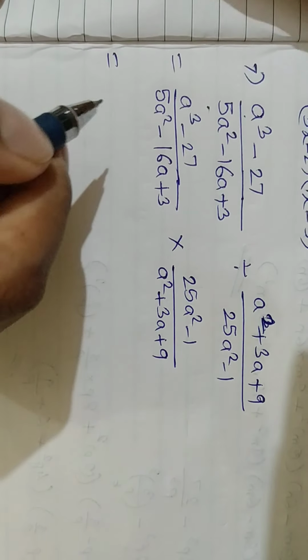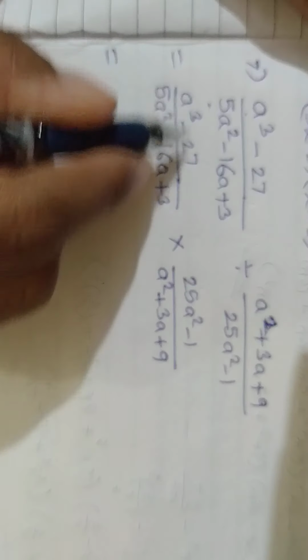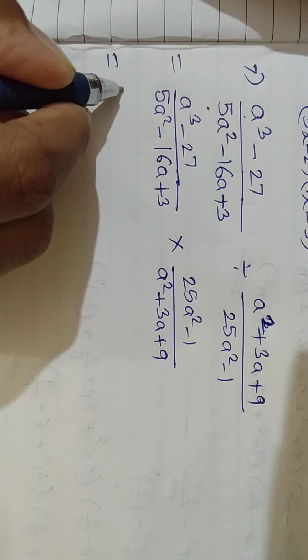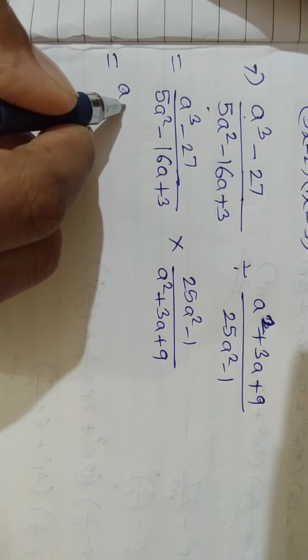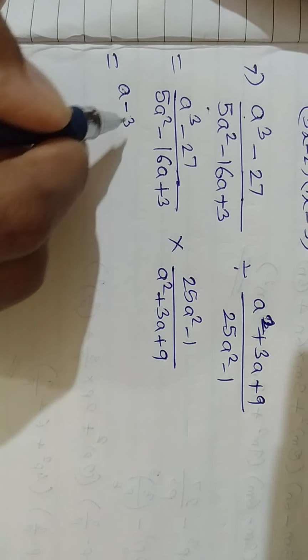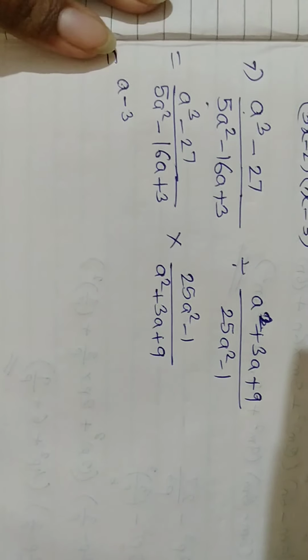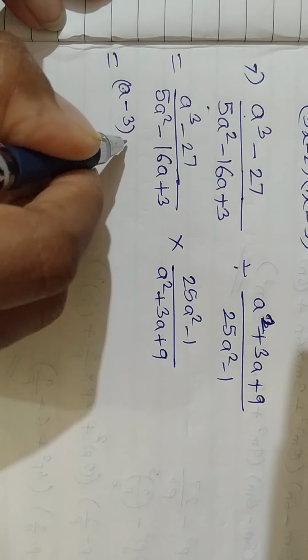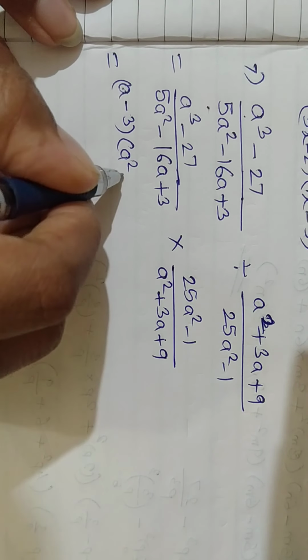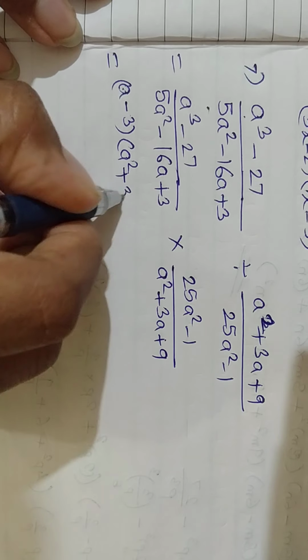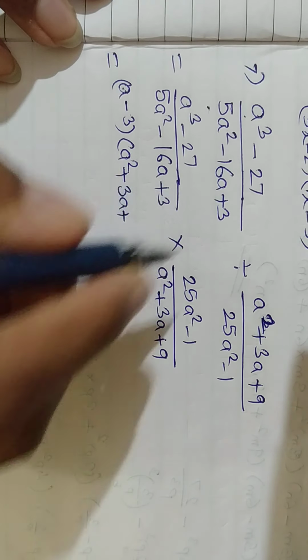And I take factors for this. This one, a cube minus 27, see the formula for this: (a minus 3)(a square plus 3a plus 9).